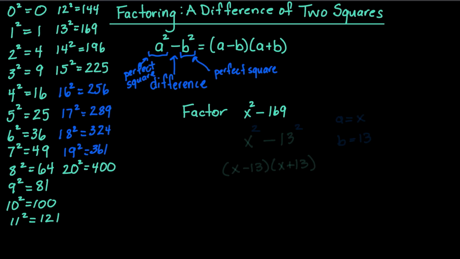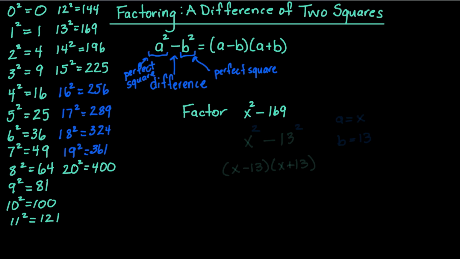So if you have not memorized them, because again, being able to notice it is the most important thing. If you don't know which numbers are perfect squares, factoring a difference of two perfect squares is going to be very difficult. You have to be able to look at a number and see that it's a perfect square.